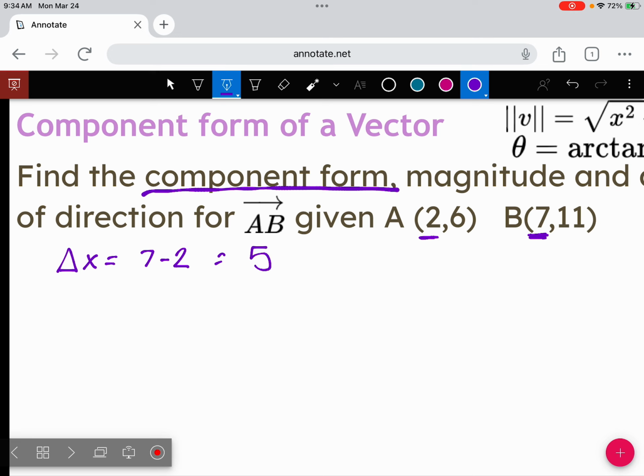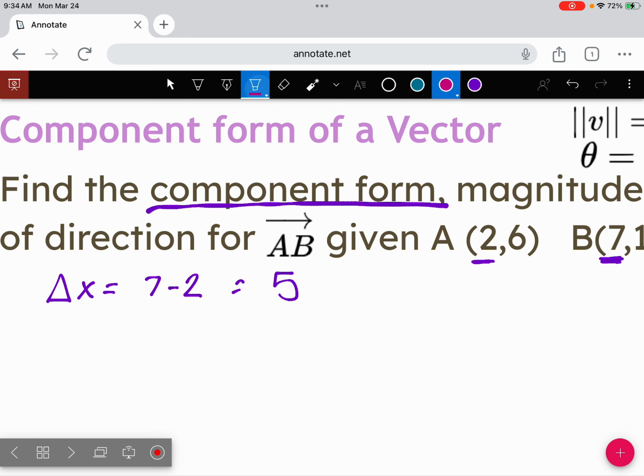Start with b minus a, every time. A is our initial point. The other way you can tell is if we look at this notation, A is on the side that doesn't have an arrow, so that's our initial point. B is on the side that does have the arrow, so that is the terminal point. So that little notation gives us a reminder on that.